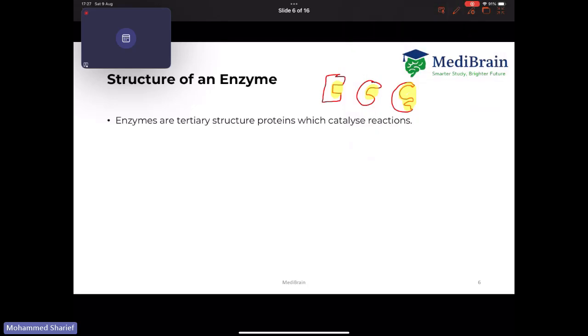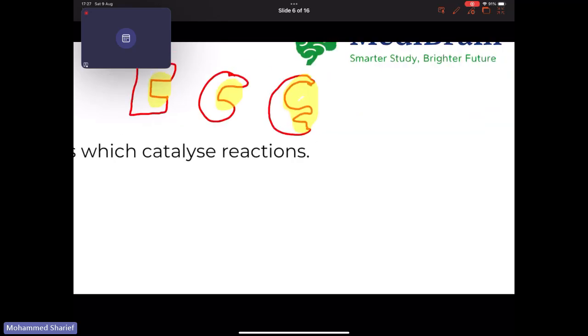The reason they have different active sites is that they have different tertiary structures. And why? Because they have a different sequence of amino acids, a different primary structure, so it builds up into a different tertiary structure.